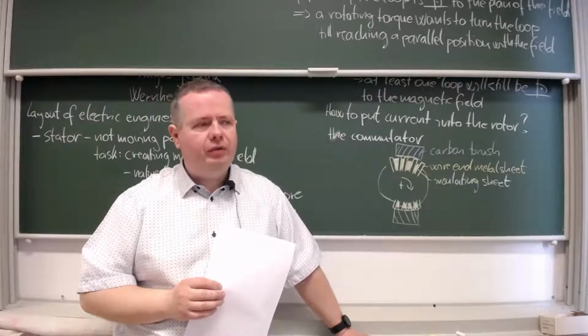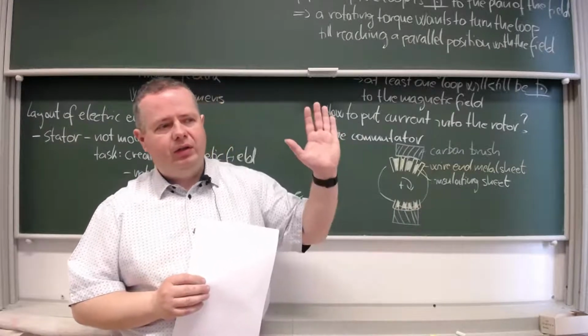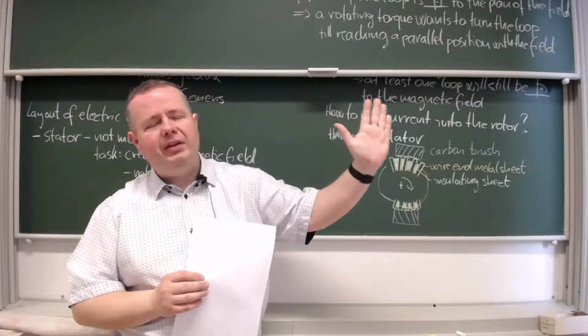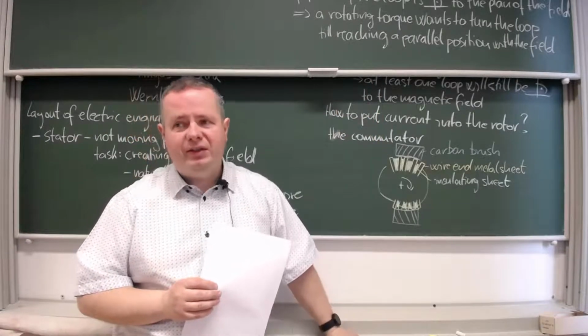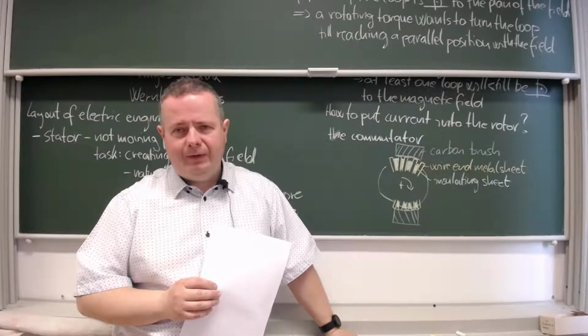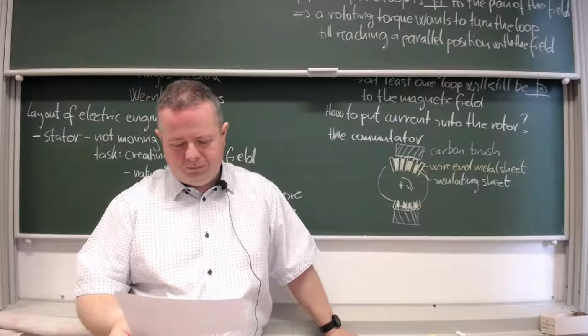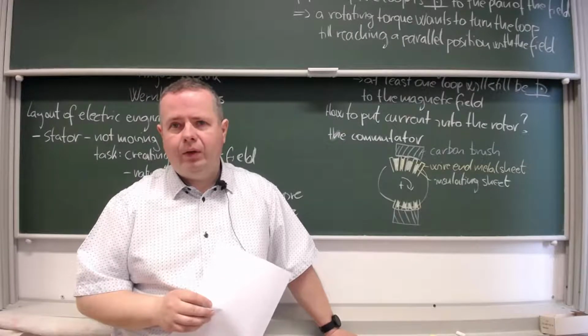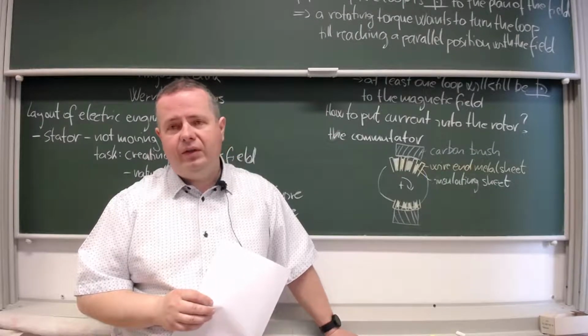And the position of the brushes is such that there are always the loops that are perpendicular to the magnetic field that can obtain the electricity. Okay? So these are the inventions of Siemens and Jedlik.